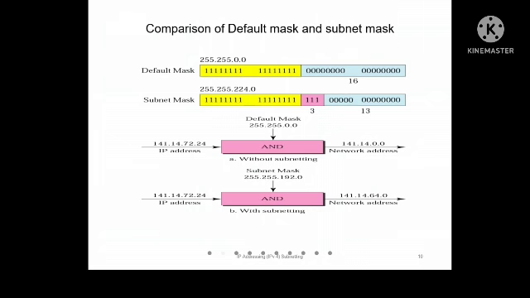For example, 255.255.0.0 is the default mask of class B IP address. Then if you look at the subnet mask here, 255.255.224.0, there is a change in the subnet mask from the default mask.